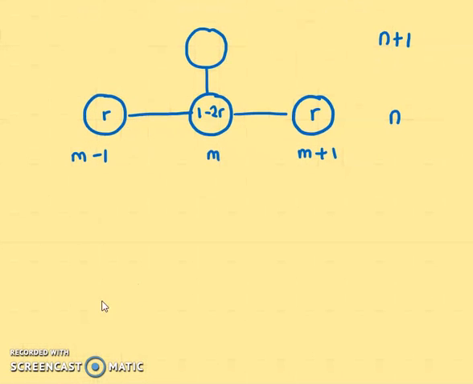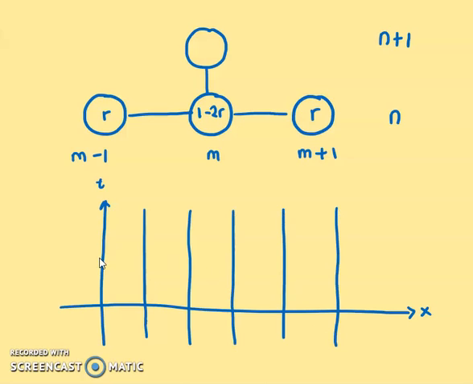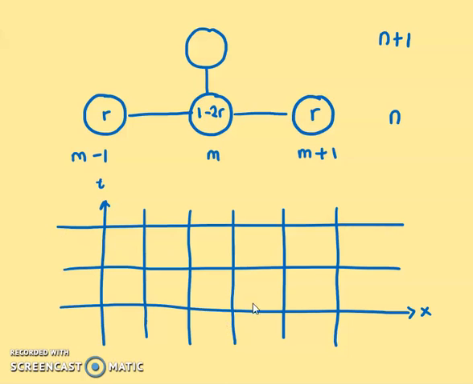Now why is this 4 points? What happens here is, let's say I have a grid point. This is my x, this is my t, so let's divide this into whatever values of x here. We know that this length here is my k and this length here is my h.